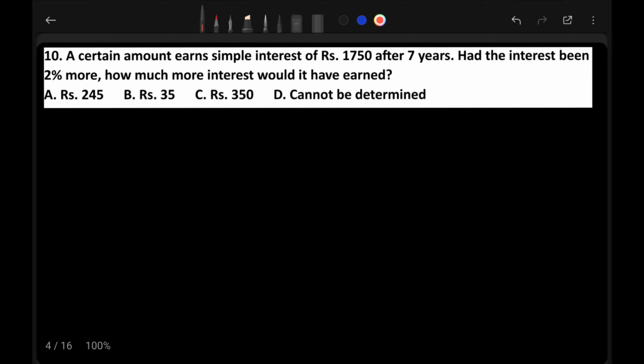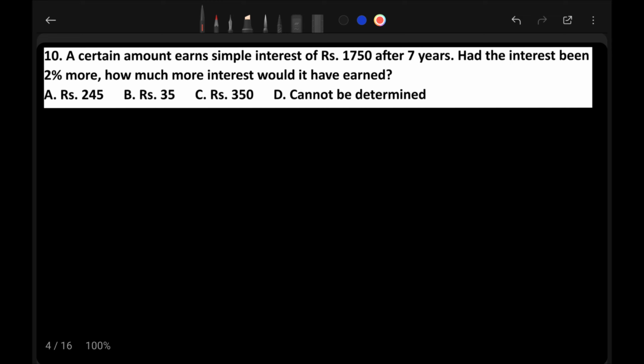Now, a certain amount earns simple interest of rupees 1750 in 7 years. Had the interest rate been 2% more, how much more interest would have been earned?